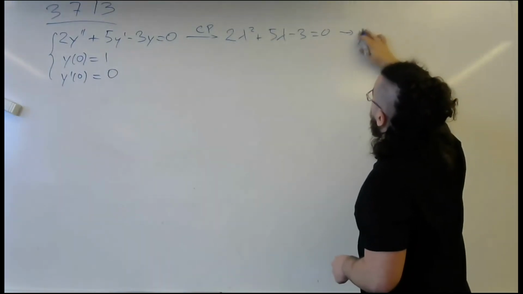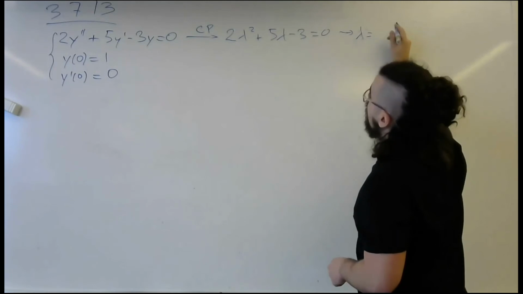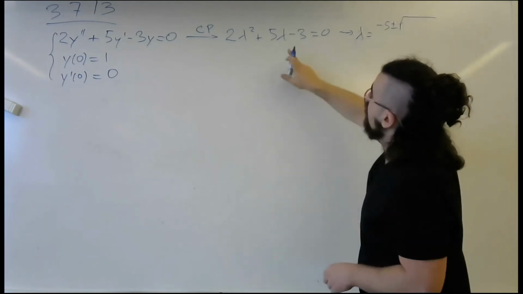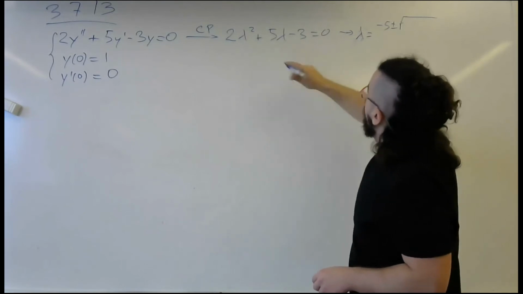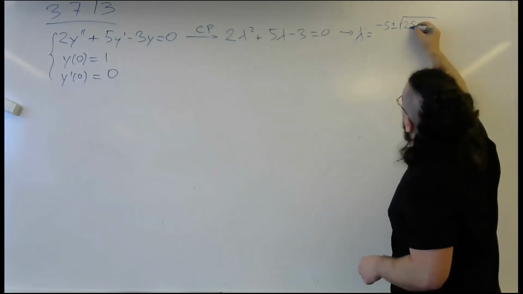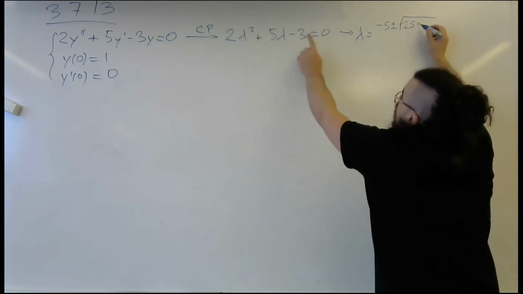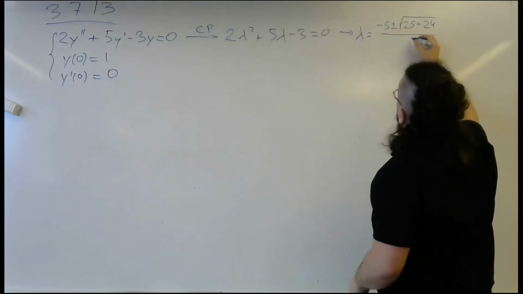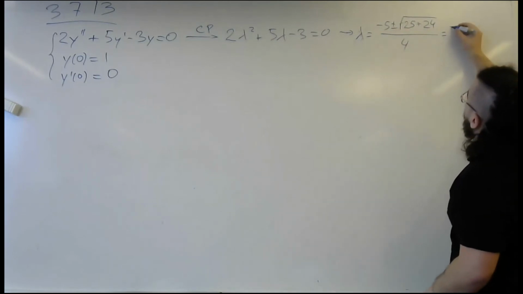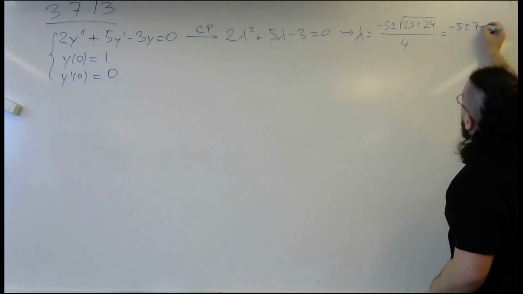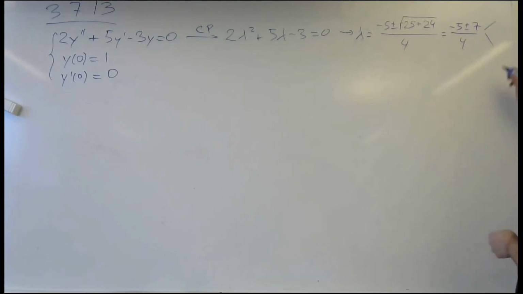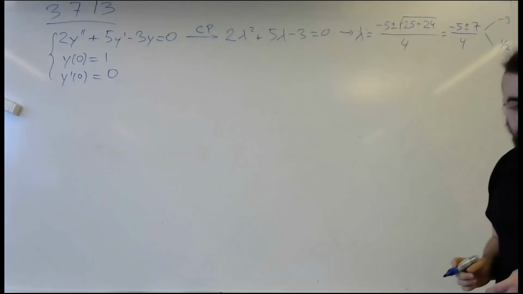So lambda is -5 plus minus the square root of 25 minus, with the minus plus, that's 6 times 4, 24, divided by 2a. This is -5 plus minus 7 over 4. So this is either -3 or 1 over 2.